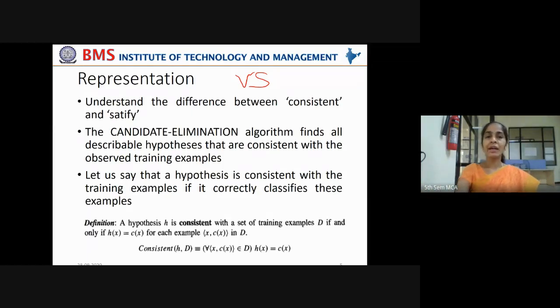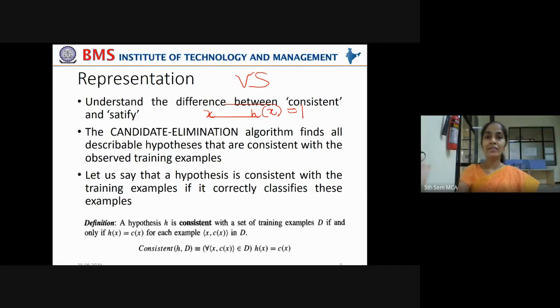When I say an instance X satisfies a hypothesis, I represent it as h of x equal to 1, meaning this hypothesis covers that training instance. A hypothesis is said to cover an instance X if h of x is equal to 1. Then we say that X satisfies the hypothesis h.